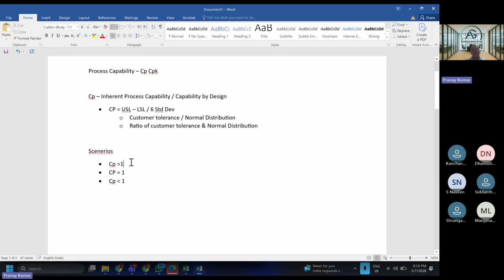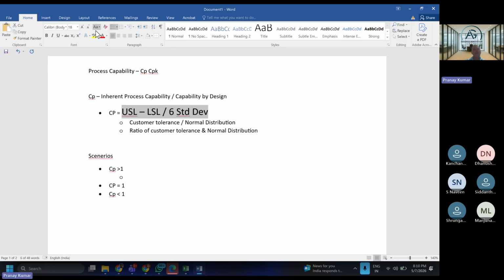If you look at it mathematically, when will CP be greater than 1? Look at the formula here. Kanchan, when will CP be greater than 1? Range would be greater than 6 standard deviation. So when customer tolerance is greater than normal distribution. People with me?